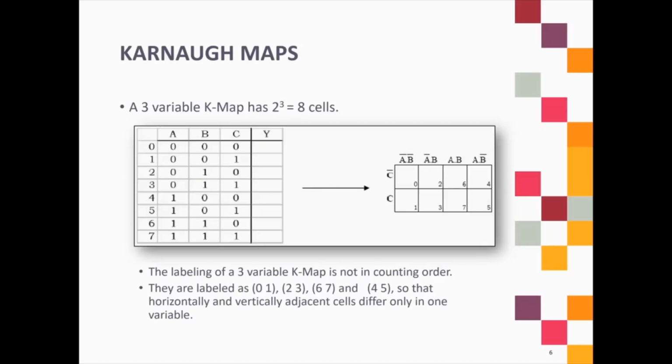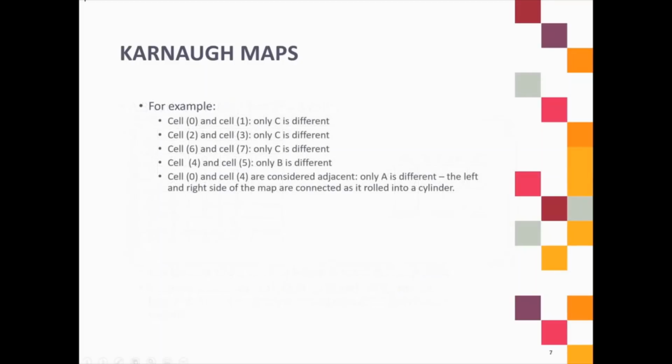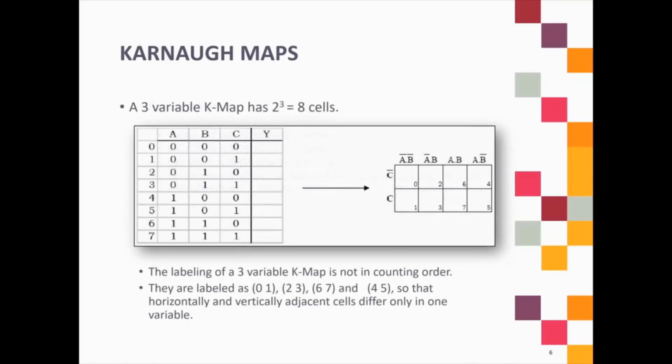Okay, a 3 variable K-map must have 8 cells because 2 power of 3 is 8 cells. So this is a K-map for 3 variables. Now for this K-map you need to figure out how you can label it, meaning how you can put your product terms.